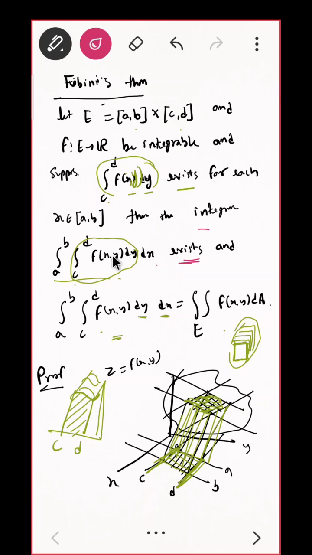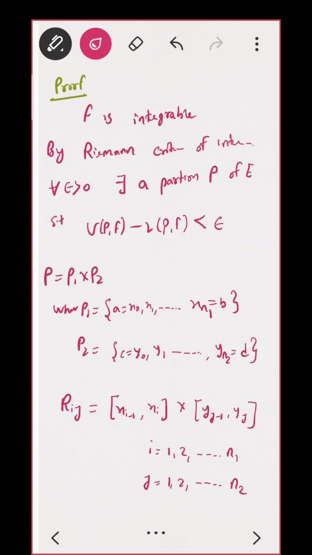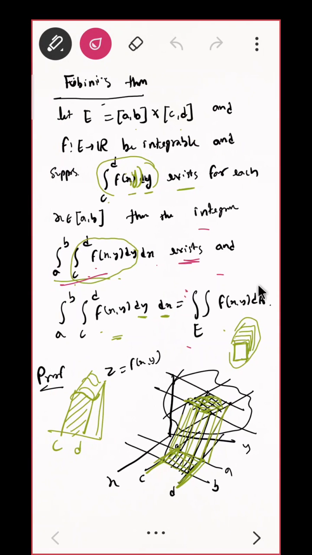So for that we are going to use this guy, that is the integration c to d of f of x dy exists, correct? Because what do we know? We know this integral exists, but we don't know about this, and both are actually the same. Later on we are going to see that. So this is the definition of this guy. We don't know anything about this now, so we are going to go from here to here by using this guy.